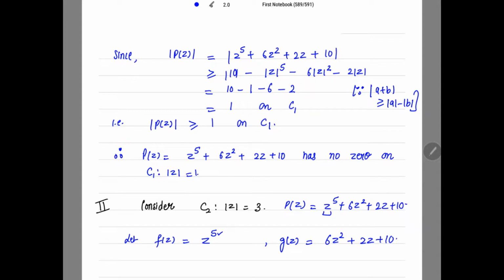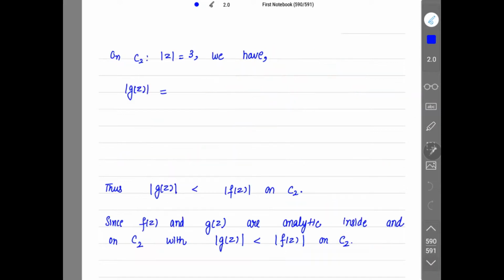So now we have to check whether mod of gz is less than mod of fz or not. If this happens, that means the number of roots of fz is equal to the number of zeros of this pz, and our result is done. So on C2, mod z equal to 3, we have mod of gz equal to mod of 6z square plus 2z plus 10.